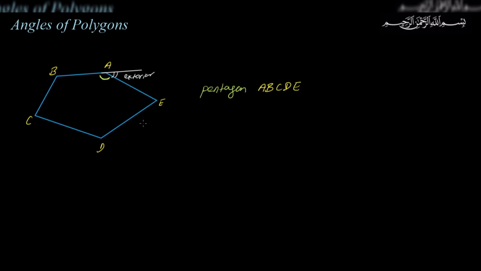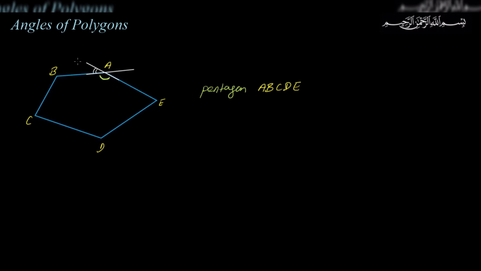Okay, now you could say, well, we extended this side here, how about we extend the other side? Well, that's another exterior angle. If we were to extend this side over here, that would be the exterior angle that's also on that vertex. Now, there are two exterior angles for every interior angle here, you know what I'm saying?